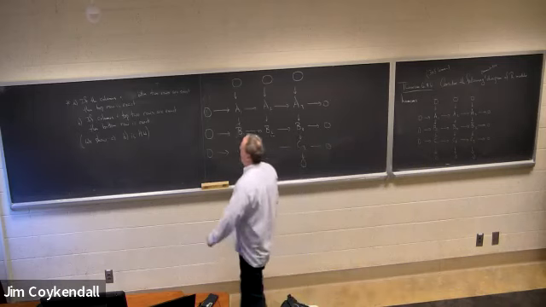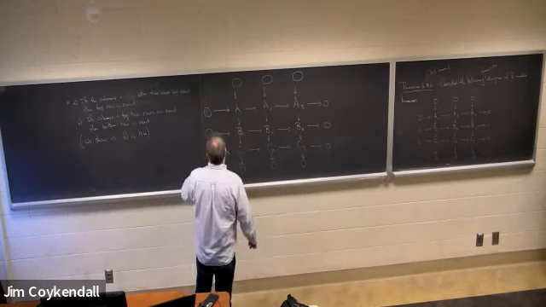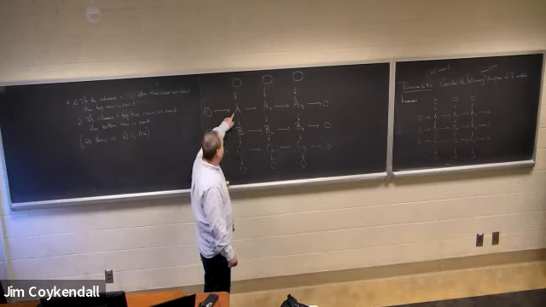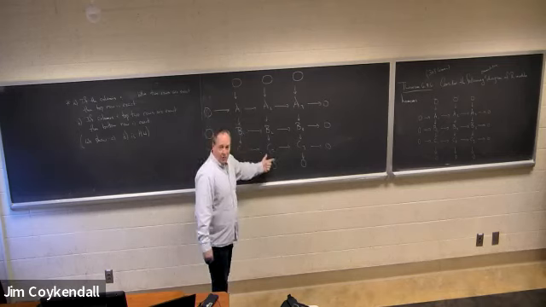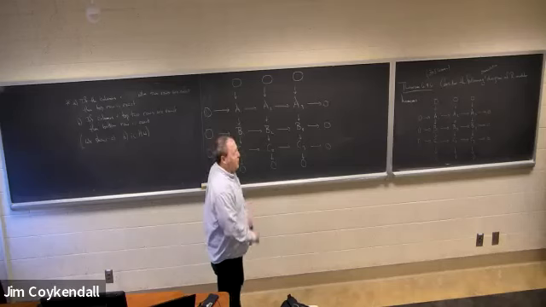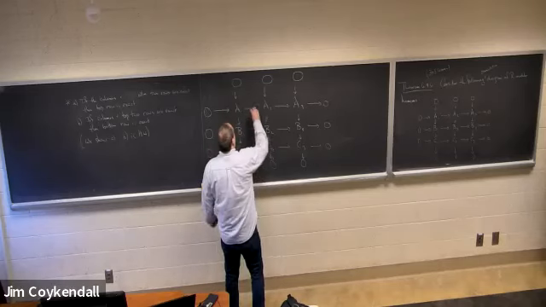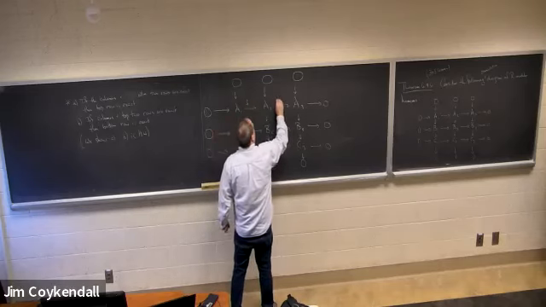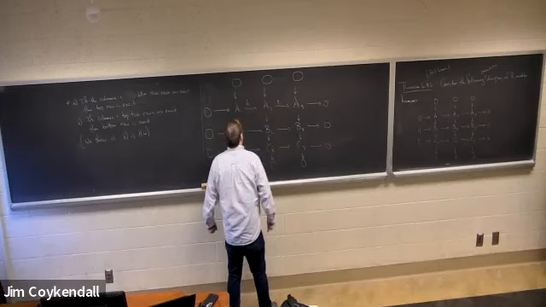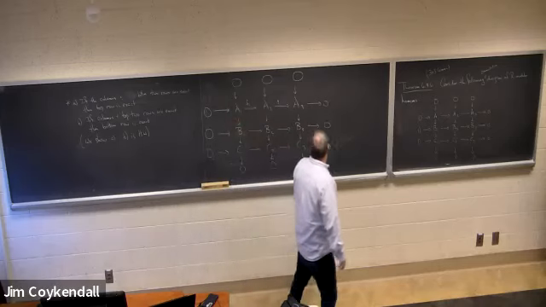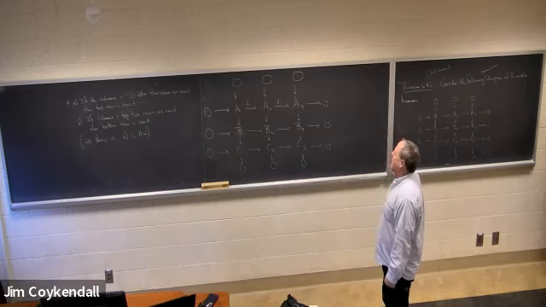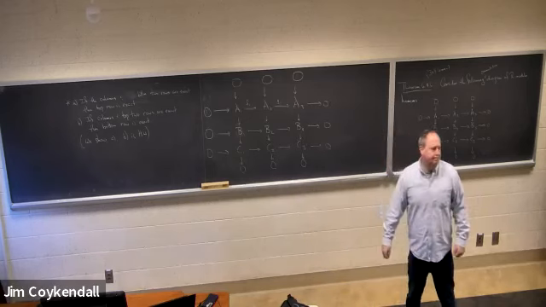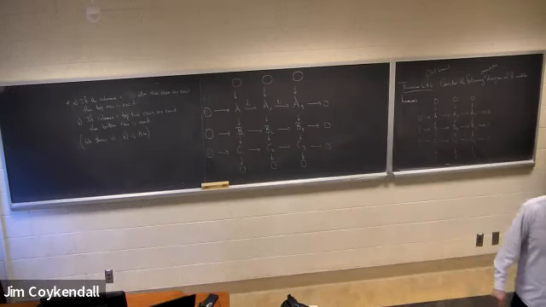So what we're trying to do here is to show the exactness of the top row, given that the columns are all exact and the bottom two rows are exact. So what do I have to do? I've basically got four things to do.